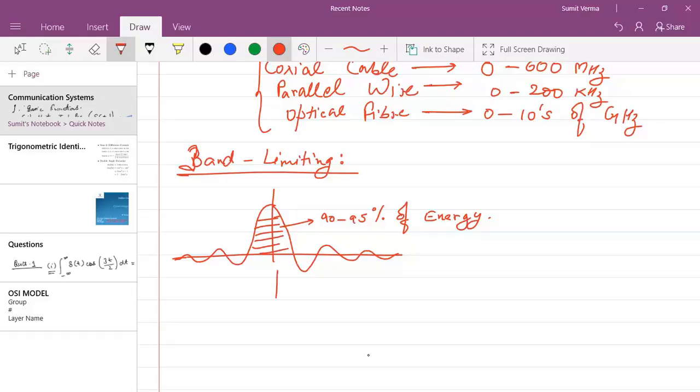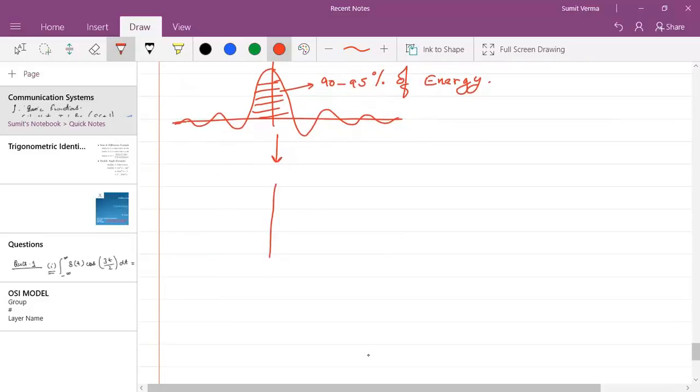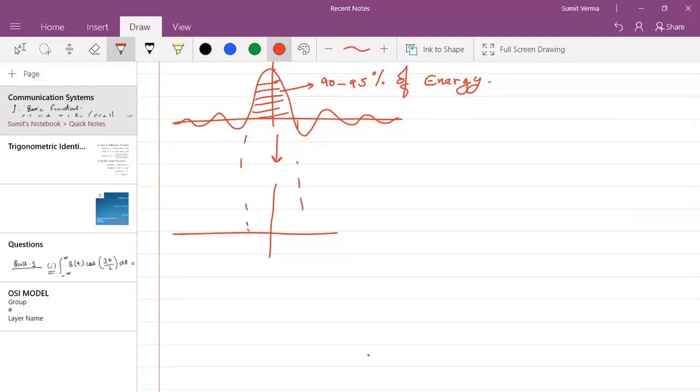So if I put a low pass filter here, which will allow just these frequency components, the output of this low pass filter will give me just this part of the original message signal. Now I have some definite value which is defined here. So this is now the bandwidth of my new signal, which is finite.